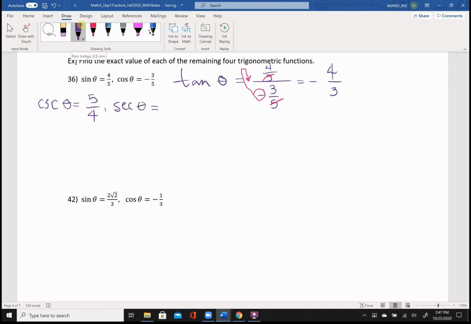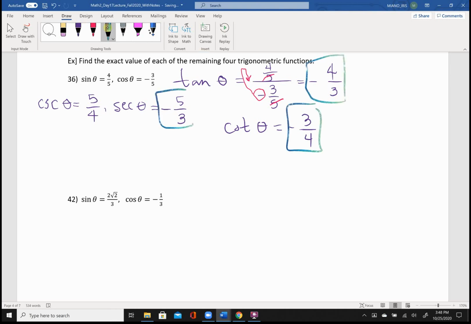So just flip this one over, keeping its negation, all right? So secant theta will be -5/3. And then lastly, the cotangent will be the reciprocal of the tangent. So cotangent theta will be -3/4. We'll go ahead and box those up for you. And there you have it.